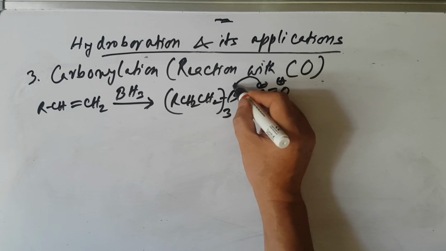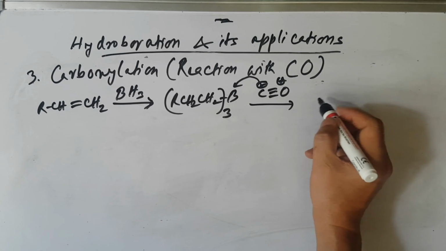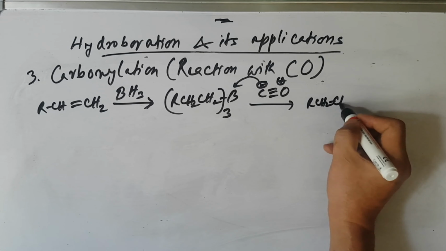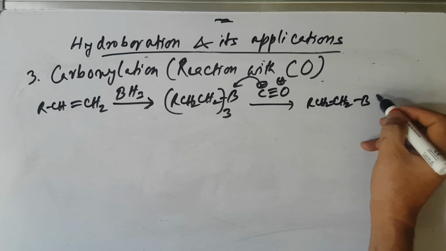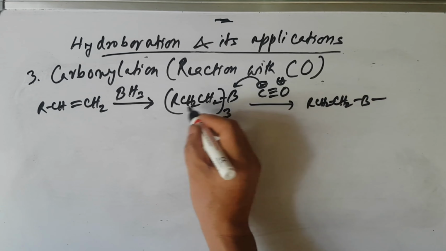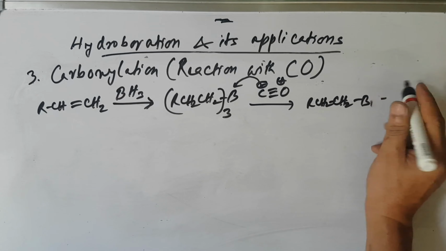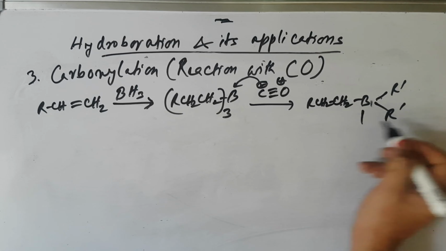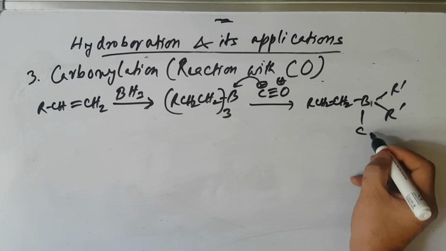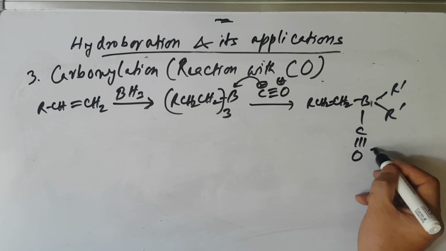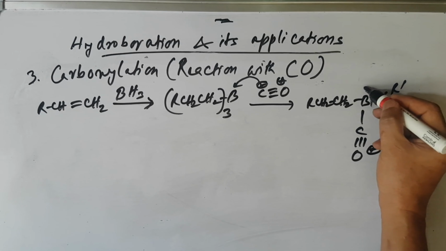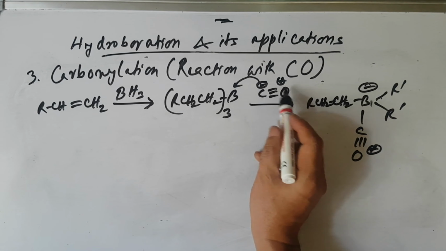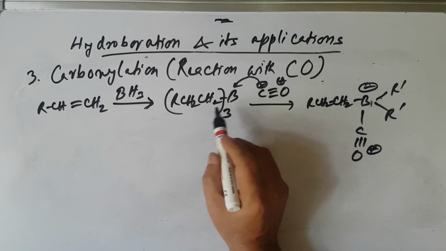So it attacks the borane here. You can write this way: R CH2, B, or let's say 2R, and the others, like the earlier one, R prime. So here this carbon, then oxygen. So here positive charge, so now this becomes negative charge. So addition takes place. First step is carbon monoxide attack on the trialkyl borane to get this one.